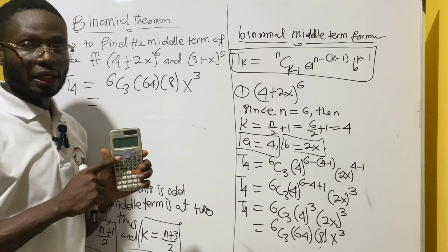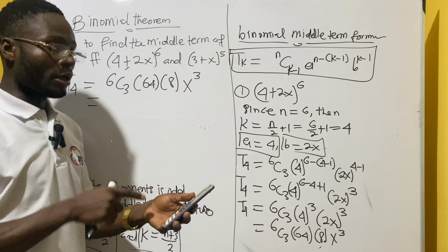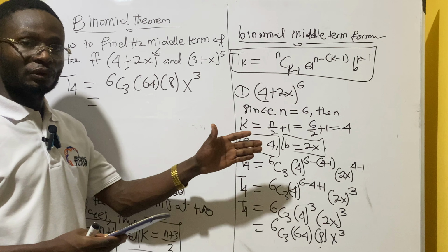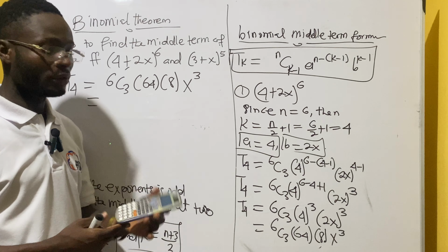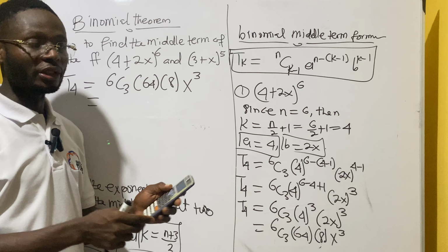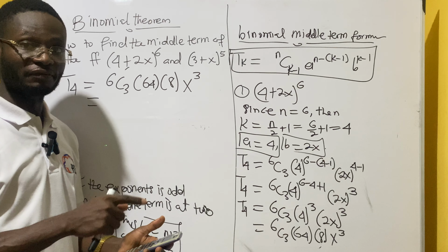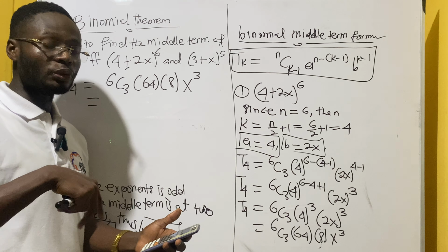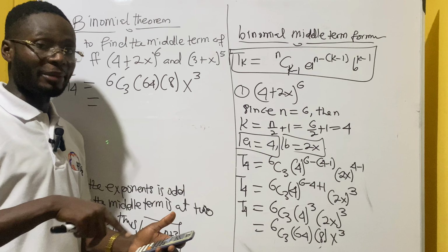How to get it on your calculator? Come to the extreme upper left of your calculator, then you press the shift button. Then you come to the keyboard, you have the whitish buttons over there.